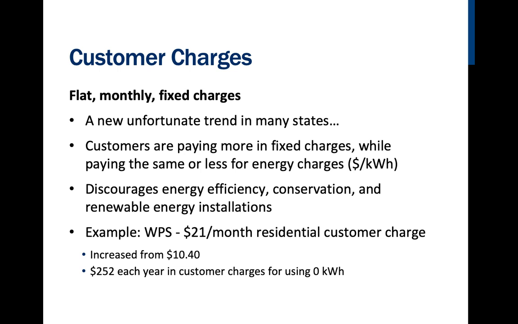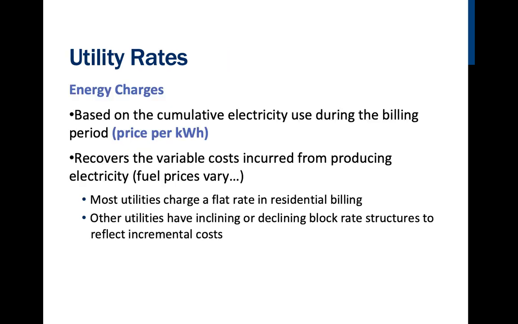Here's some more on the fixed flat fees. This isn't figured into the cost of the kilowatt hour, and that doesn't get calculated into the financials of my system either. Energy charges, and so this is the retail rate of what I'm going to buy this electricity at, and this could be just a flat rate. So it's the same amount of money for that kilowatt hour if I consume 100 kilowatt hours or 100,000 kilowatt hours.